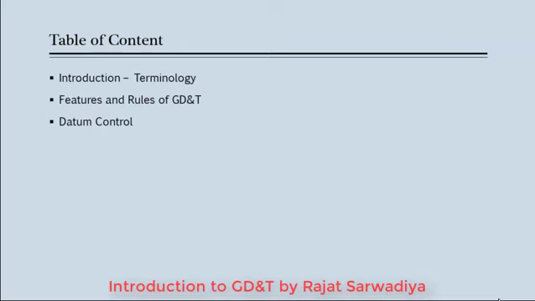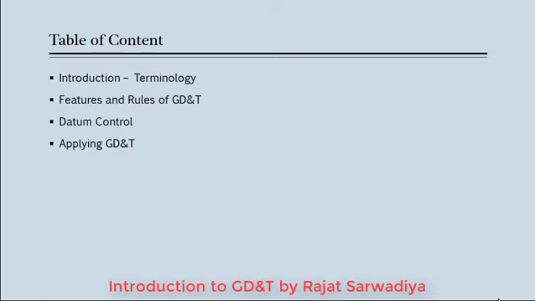We will also discuss how we can select the datum, because that is also a necessary part, as we covered that it is important to select a datum which will be the same for all the operations. So that decision is also in the designer's hand, that also we have to cover. Then how to apply, where to apply the GD&T, and wherever we are applying, whether it is applicable or not, that also we have to check.